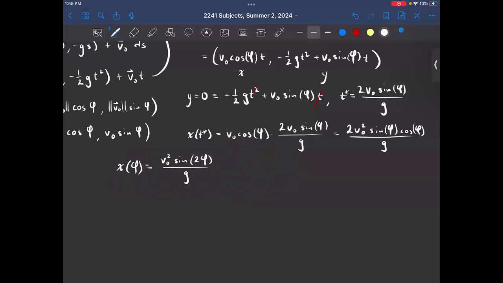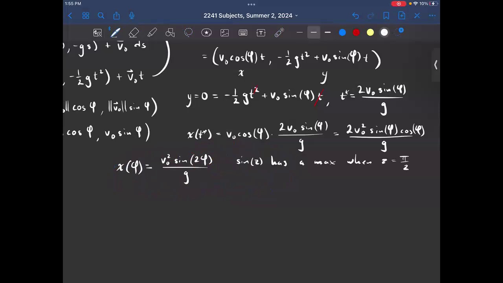We can just note that the sine function has a maximum. So sine of z has a max when z equals pi over 2. So at the top of the unit circle.